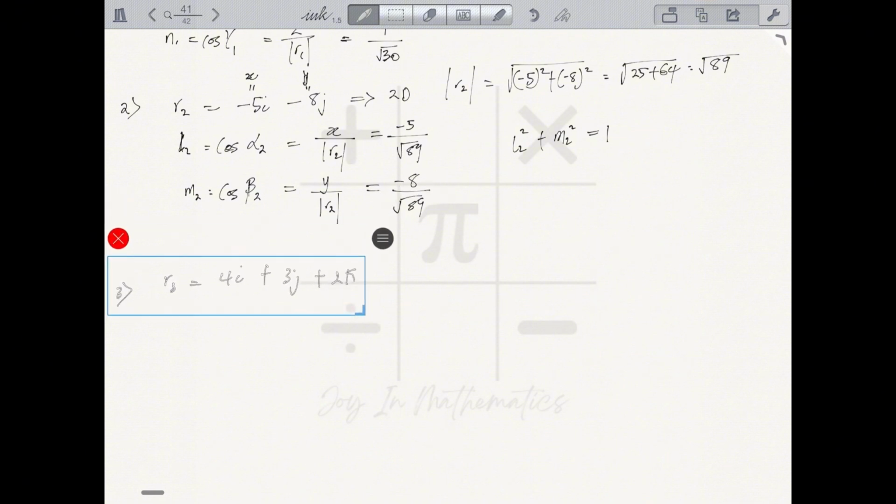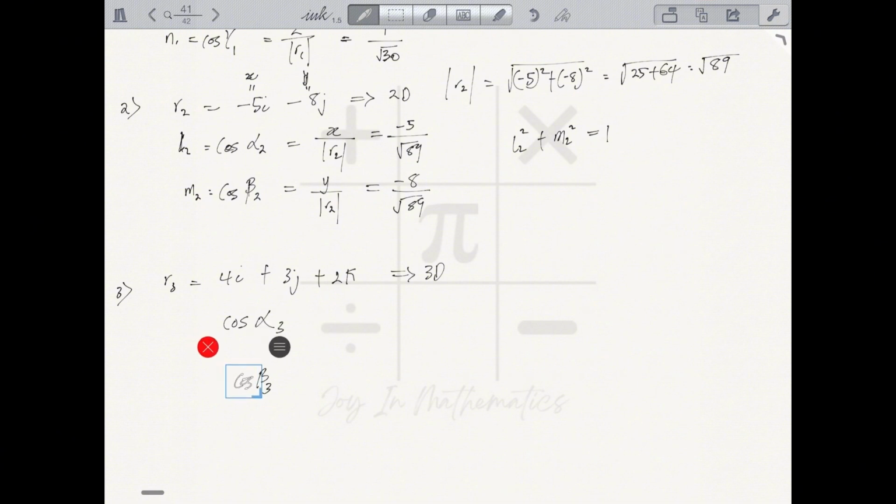Since this is a three-dimensional vector, we are going to have three direction cosines. Since we are considering r3, we have cos alpha 3, cos beta 3, and cos gamma 3. These will be L3, M3, and N3.